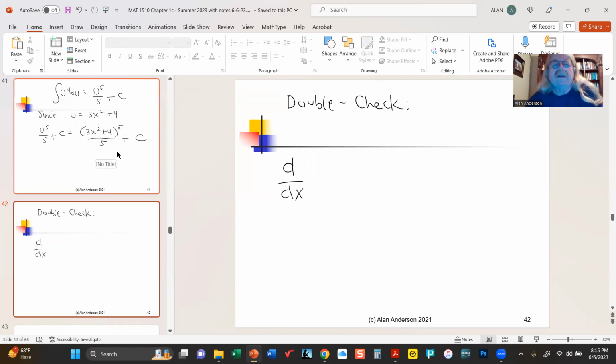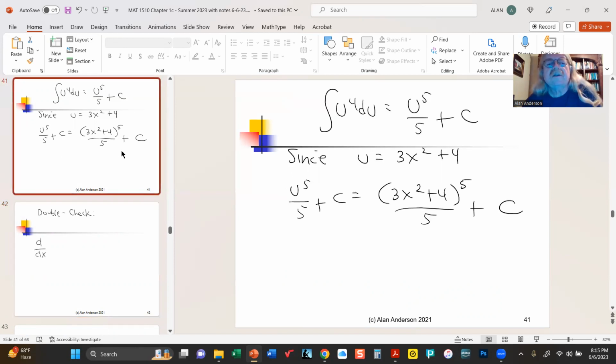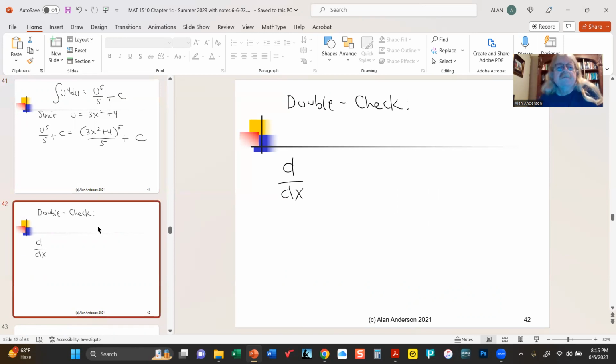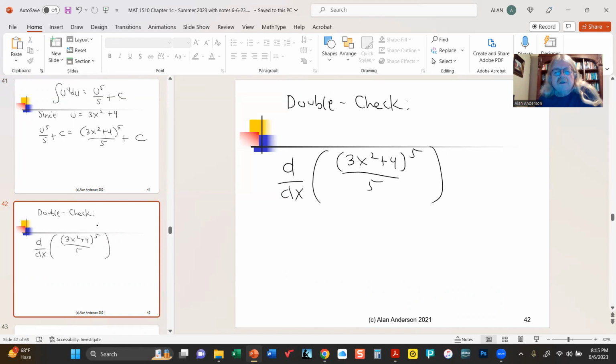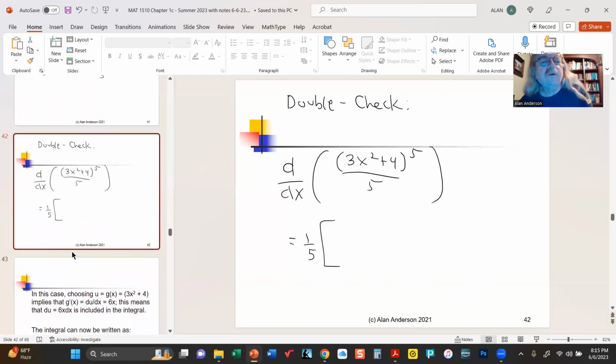And by the way, you don't have to worry about the constant for this because the constant just has a derivative of 0, of course. So what we'll do now requires us to take a bit of a detour and quickly review something that you learned in Calc 1.